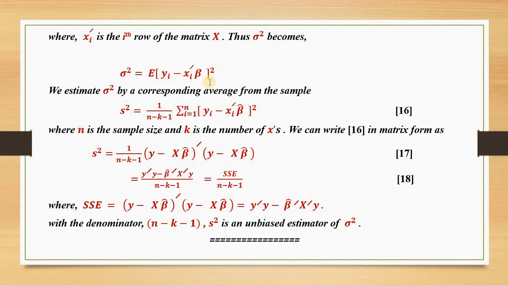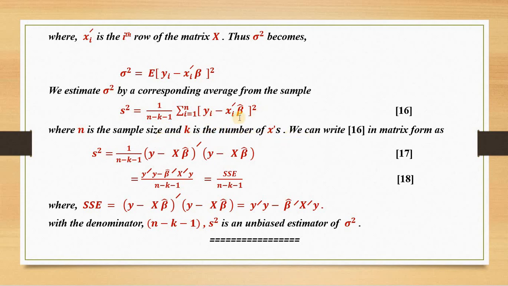We can express this expectation as an average: s square, the estimated value of sigma square, equals 1 by (n minus k minus 1) summation over i from 1 to n of (yi minus xi prime beta cap) square. Here n is the sample size and k is the number of x's.